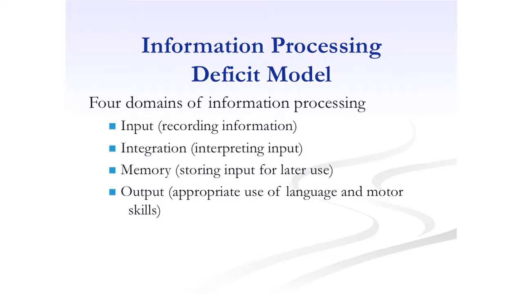Input is the way an individual brings sensory information into the brain, whether it's visual, whether it's taste, touch, smell, whether it's auditory. Integration is the way the brain brings that information together. Memory is the way the information is stored in the back of the brain. And output is the way that information is used to produce your response to the sensory information.